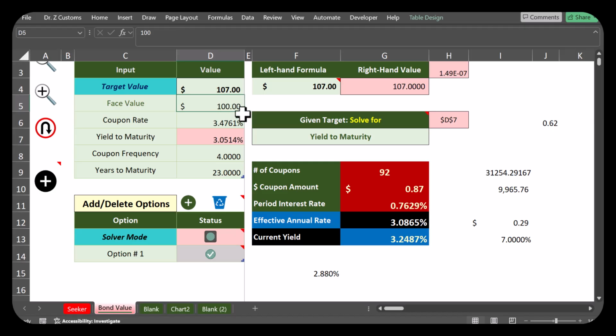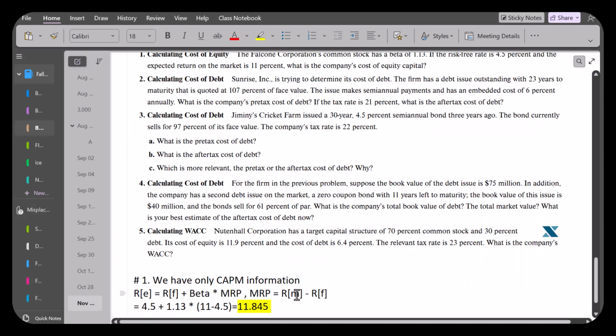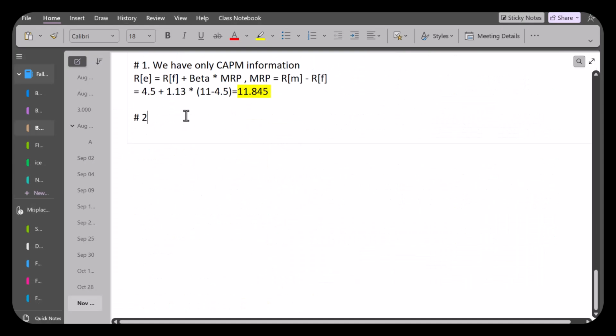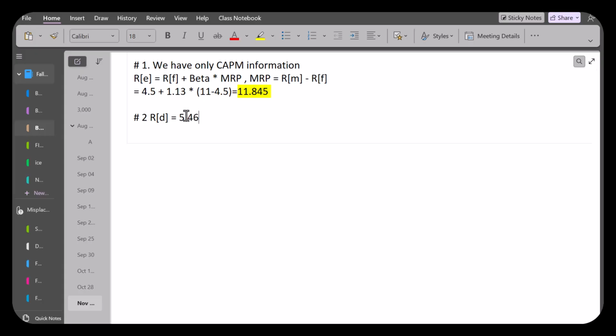Just read off the yield to maturity. 5.46. What is it? Hold on.